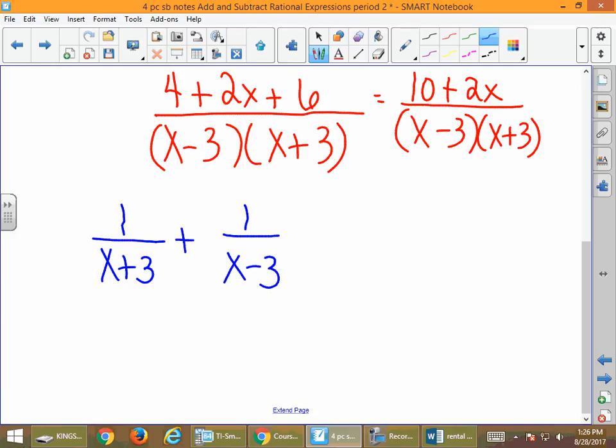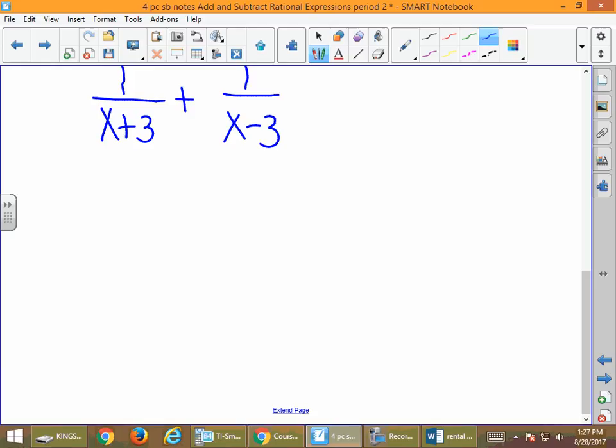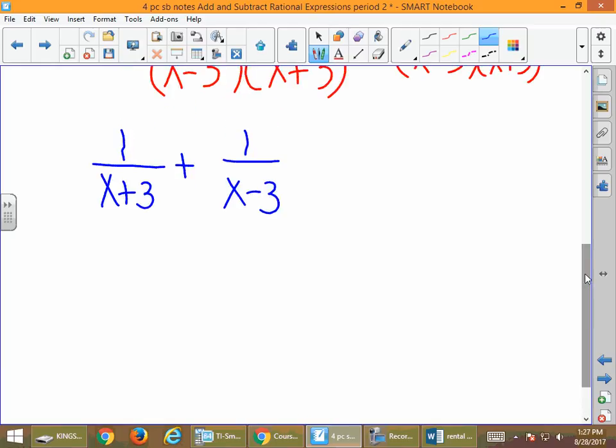Once again, we have to find the common denominator, and the common denominator is determined, in this particular case, simply by multiplying the two together. The left-hand fraction has the x plus 3, the right-hand fraction has the x minus 3, and the only thing we can do is multiply those together.